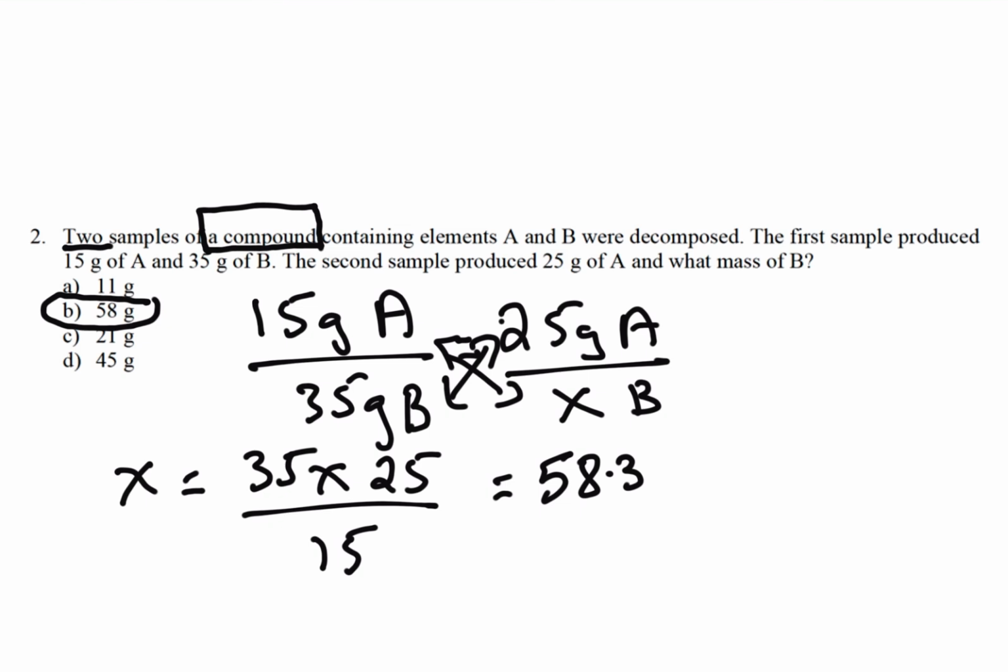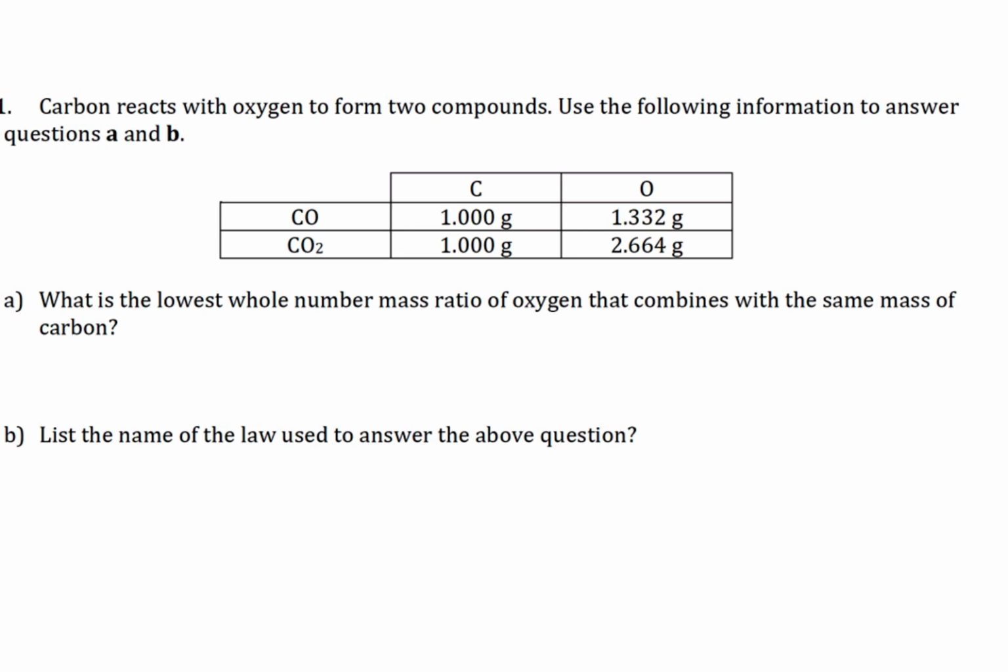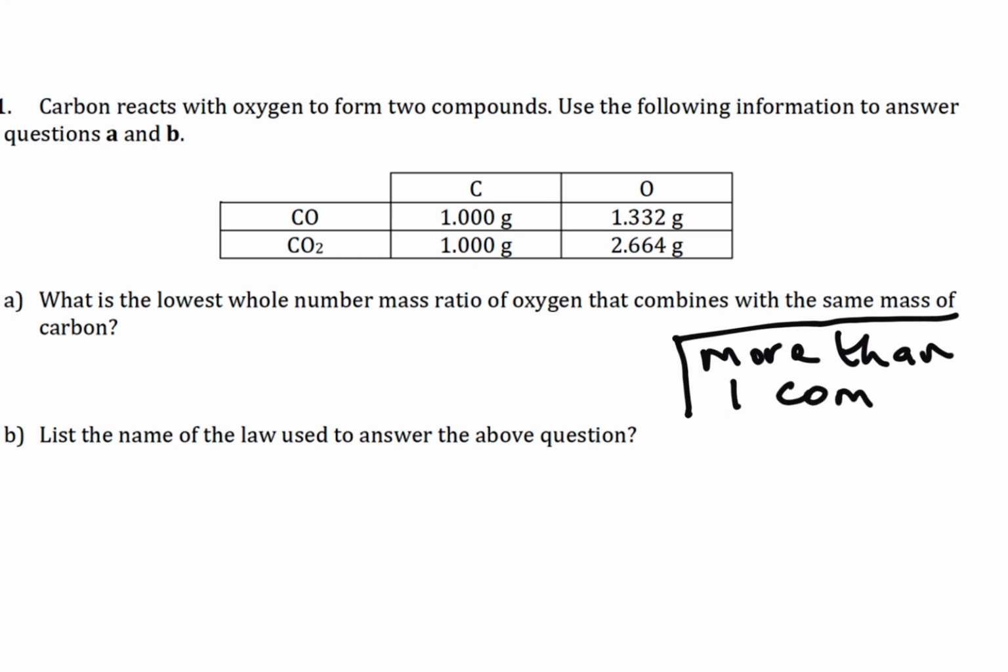Now, coming to the law of multiple proportions, it says that when two elements form two different compounds, the masses of element B that combine with 1 gram of element A can be expressed as a ratio of small whole numbers. One thing to notice is that it talks about more than one compound.